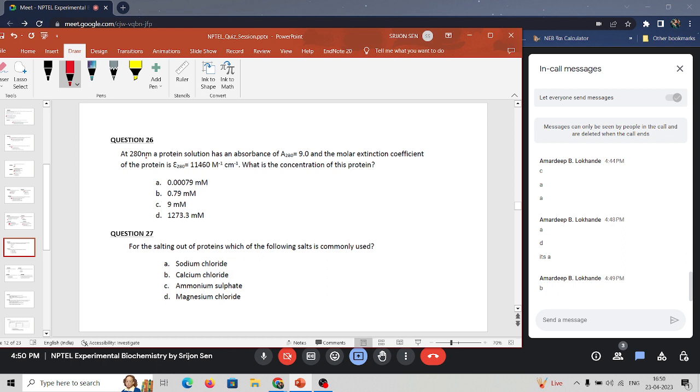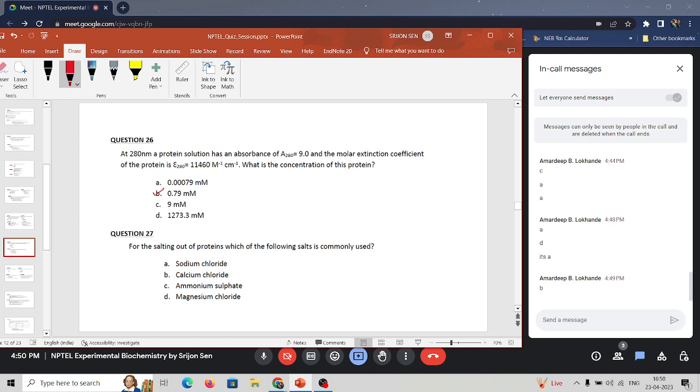It is A equals to epsilon Cl, where your absorbance is given as 9 and your L is 1 centimeter and your epsilon value is 11460. So when you solve it or calculate it, you can get the answer. So you don't have to think much about it. The answer for the time being is 0.79 millimolar. So the formula is same, A equals to epsilon Cl.